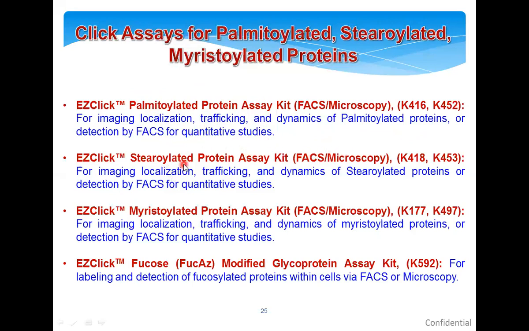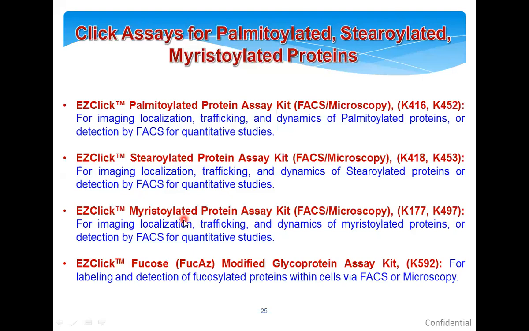Same thing for stearoylation. All this modified palmitic acid or modified stearic acid has an alkyne group. You add the modified stearic acid directly into the cells, it gets incorporated into the protein during or post-translation, and the modified stearoylated protein is then detected via FACS or imaging. Similarly, for myristoylation, you add alkyne myristic acid, which is again cell permeable.